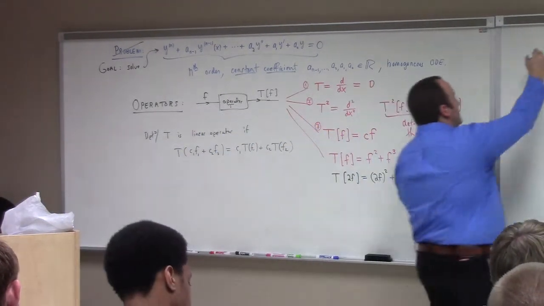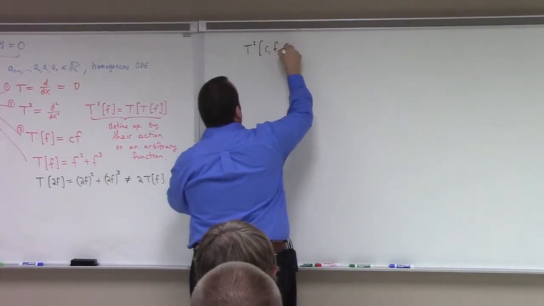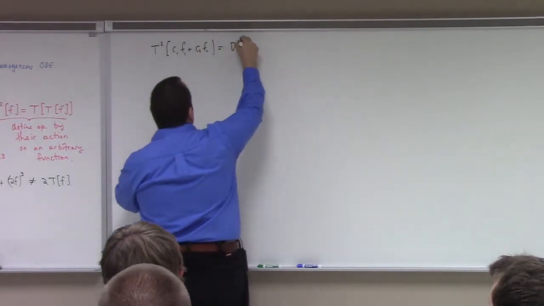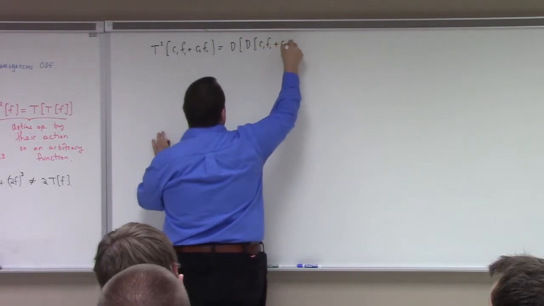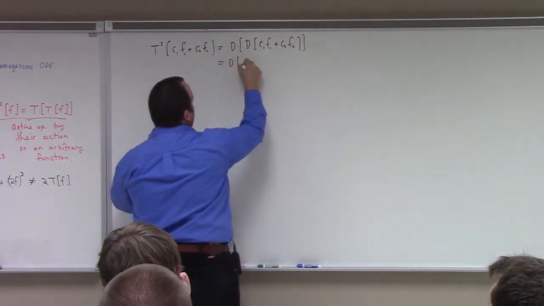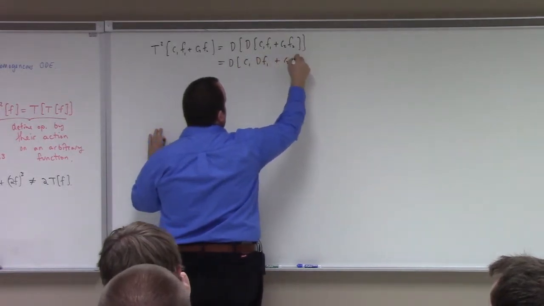Here's the proof. So T squared of c1 f1 plus c2 f2. Let's see how that works. So this is D of D of c1 f1 plus c2 f2, right? So that's equal to D of c1 df1 plus c2 df2.